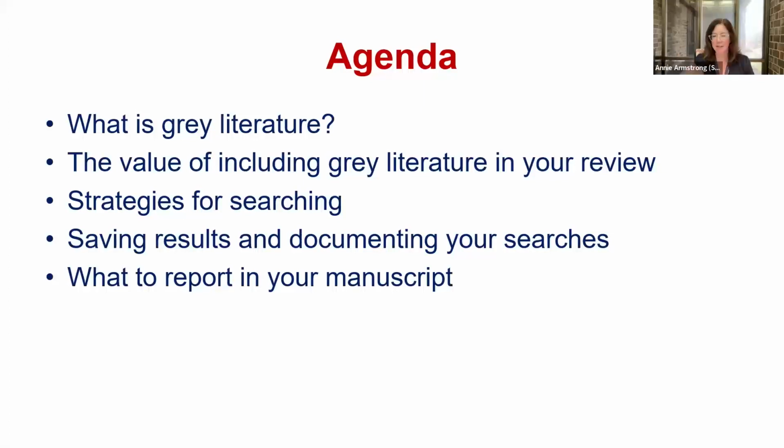And by evidence synthesis, I mean systematic reviews, scoping reviews, meta-analyses, so any form of evidence synthesis research. She will also then expand on how to document your searches and also report them ultimately in your manuscript.